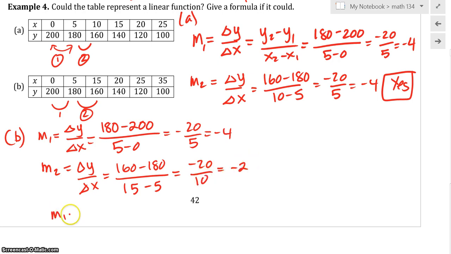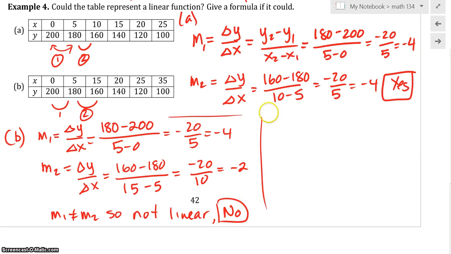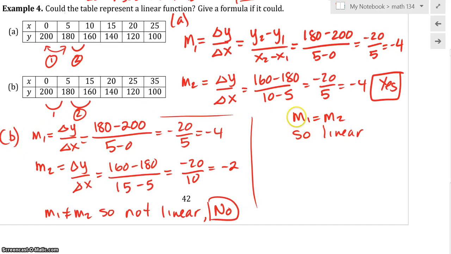So M1 does not equal M2, so not linear. No. Let me add that to this one. M1 equaled M2, so linear. So the answer was yes. So you need to check the slopes are the same, really for all points. But if there is a pattern, you can stop.